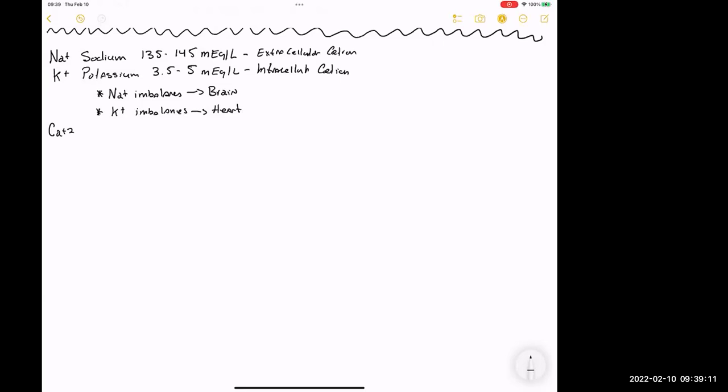But let's talk about it as an electrolyte. And really what I want to focus on here is low calcium. It's called hypocalcemia. When we have low calcium, because hypocalcemia can cause what's known as neuromuscular irritability.